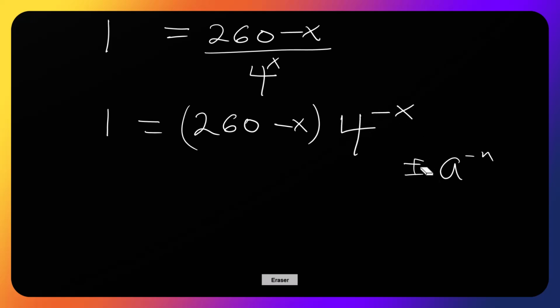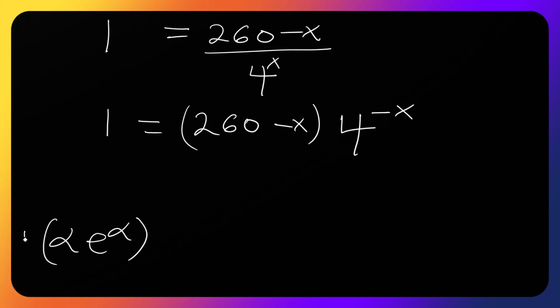Now where we are heading towards is very simple. We are trying to apply the Lambert W function. So when we have alpha times e raised to alpha and you take the W function, the result will be alpha.